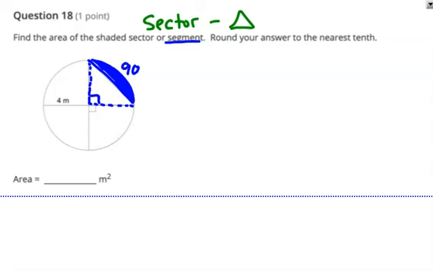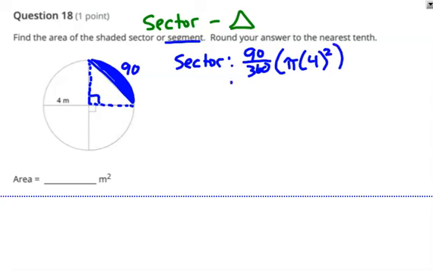So we need the sector first, which is 90 over 360 times the area of the circle, pi times the radius, which looks like 4, squared. So the sector is 1/4 of 16 pi, which is 4 pi. Not our answer, but important.